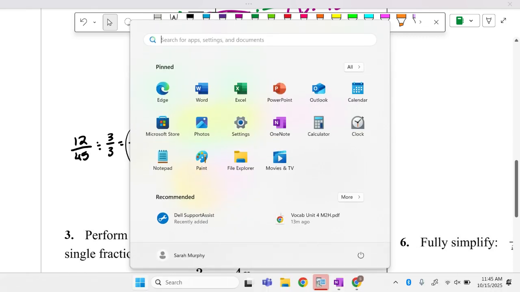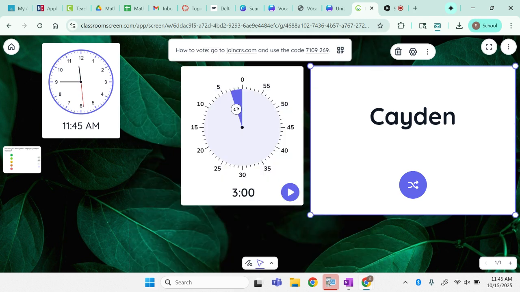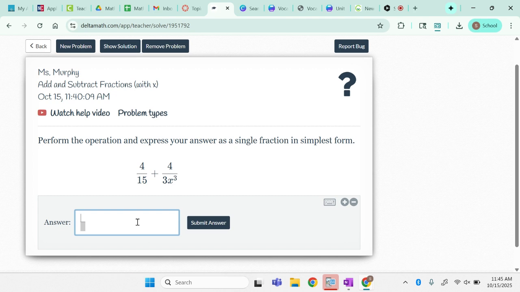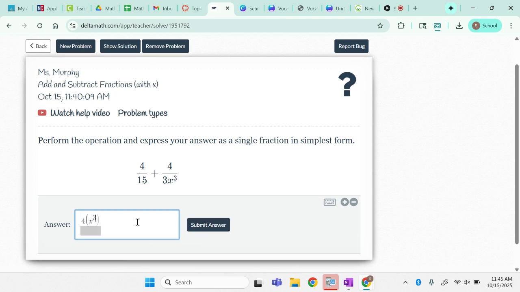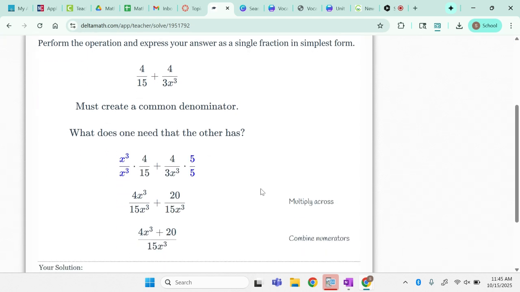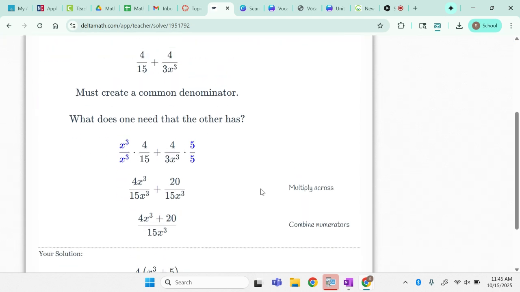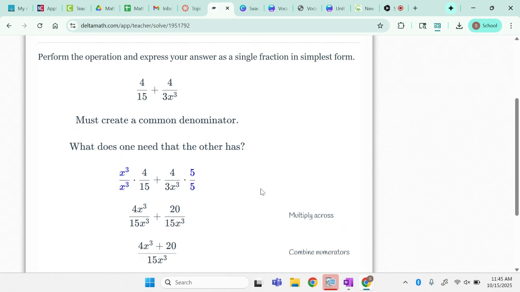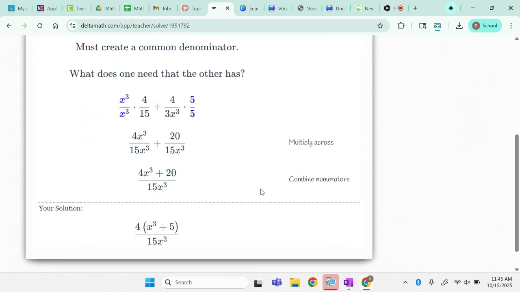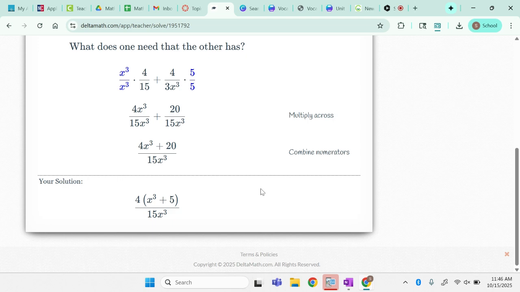So this would be your next one. You should get 4 times x cubed plus 5 and then over 15x cubed.